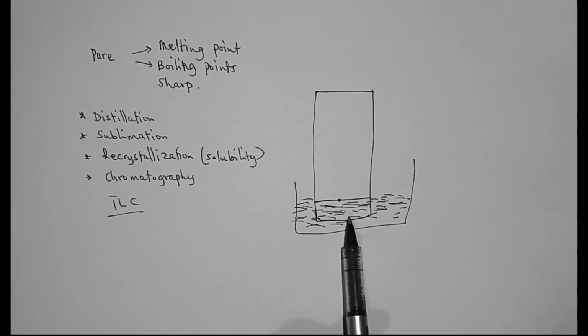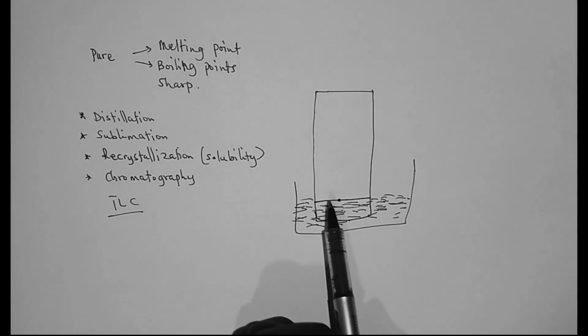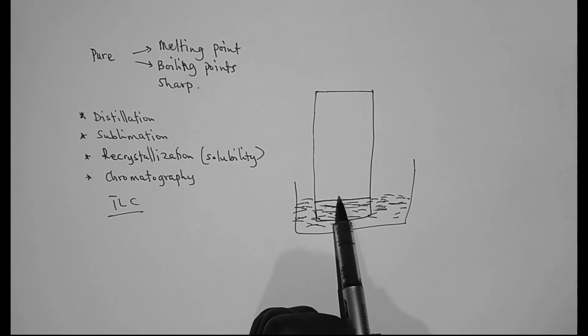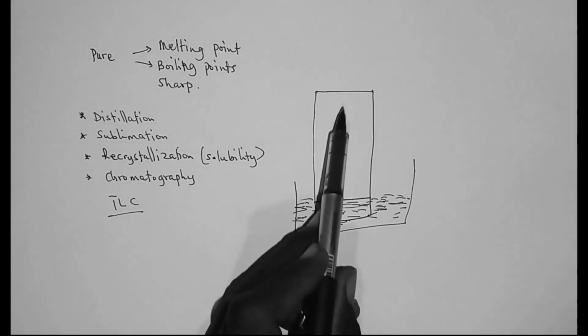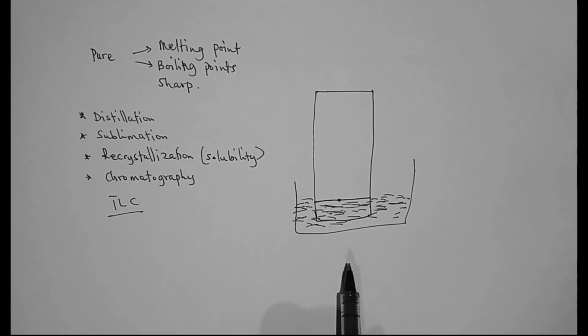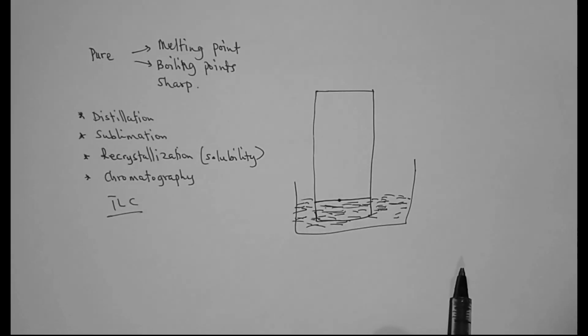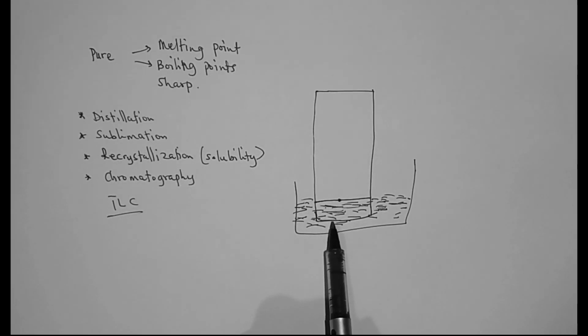If it is too concentrated, what will happen is that the various compounds will be separated and they will be very clouded on the chromatographic paper, and you want to avoid that. So you want to ensure that there is a pure separation of the compound.